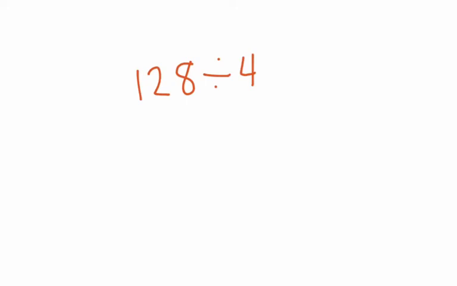For those of you who are ready to start looking at this problem using the division equation, it is 128 divided by 4 is equal to your quotient. So here, what you can do is look for factor pairs. I'm going to break apart 128 into factors of 4.